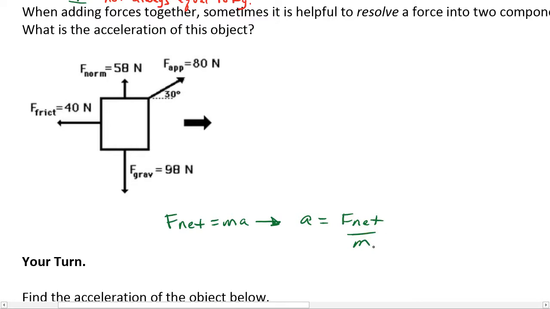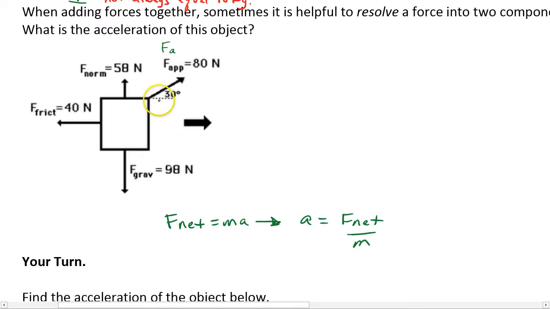If we can figure out these two simple things, what is the net force and what is the mass, we can divide the two and we'll get our answer. So first of all, to do our net force, we have to add all these forces together. Well, three of them are kind of playing nice with each other, and this last one is a little bit funny. The applied force here is F app, but it's really the same thing as the Fa that I was talking about before. So perhaps someone is pulling this object.